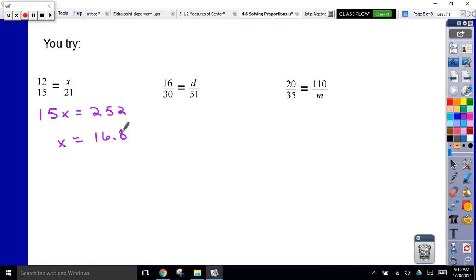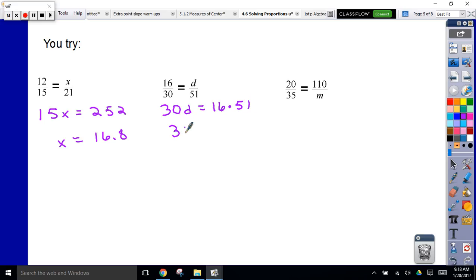Okay, I'm going to pause this for a second while you guys try it. Okay, next one. Olivia, can you tell me how you would do this? 30d equals 16 times 51.